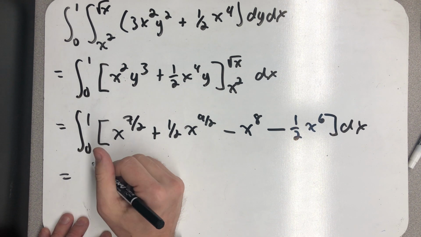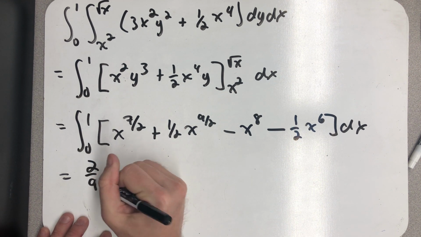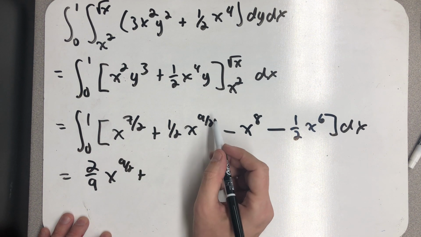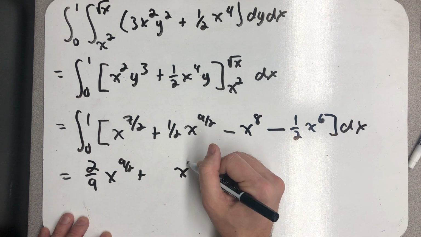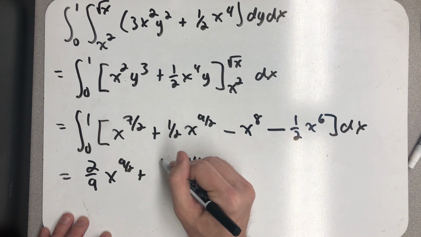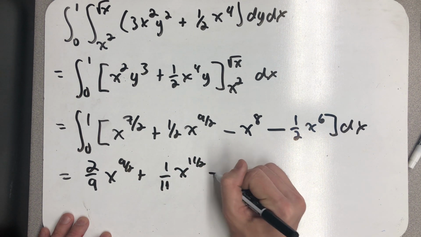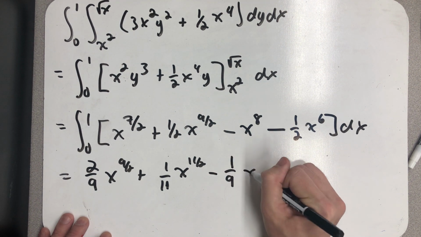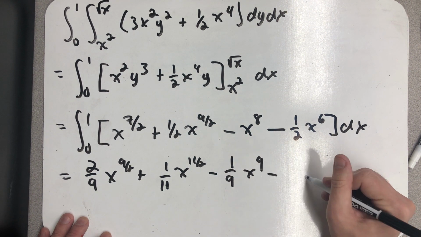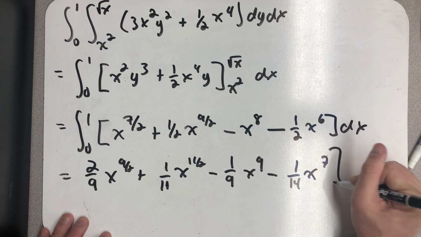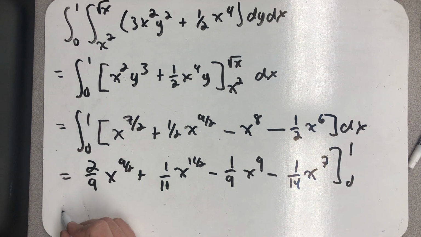All right, so I would get 2/9 x to the 9/2 plus, let's see, it'd be x to the 11/2 over 2, so 2 over 11 times 1/2, that's a 1/11. Minus 1/9 x to the 9th, minus, that's going to be x to the 7th, 1 over 2 times 7, 14, evaluated from 0 to 1.